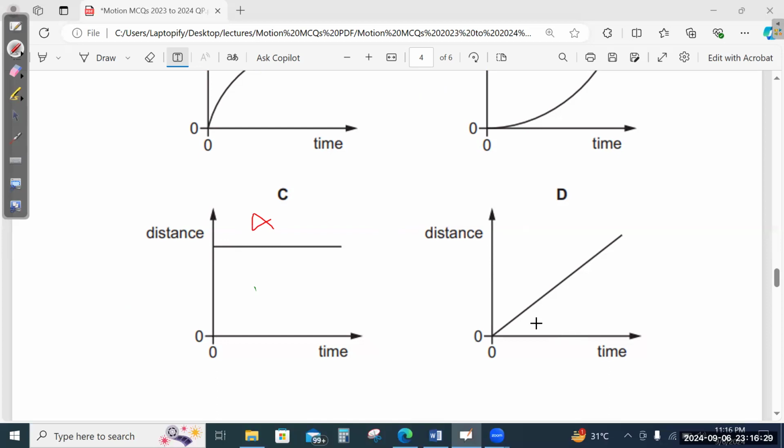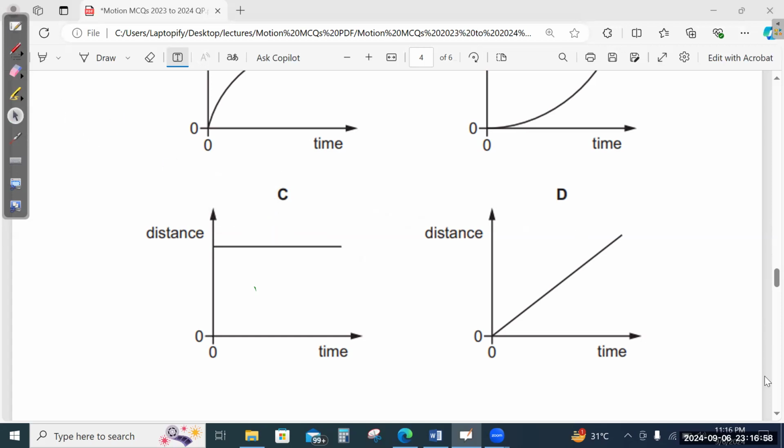If you see a straight line in a distance-time graph, it means the body is moving with constant speed. But the question hints that you have to select the option where the speed is increasing, so your option was B. B was correct as already mentioned.